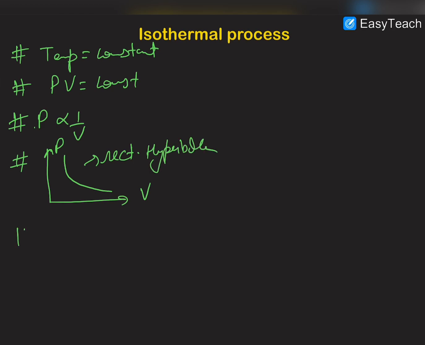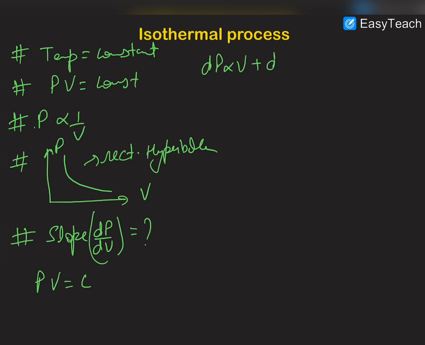Okay, and if we talk about the slope, slope is dP by dV, and we can find out the slope by differentiating the equation. We know that PV is equal to constant. If we differentiate both the sides, then it would be dP into V plus dV into P is equal to 0.